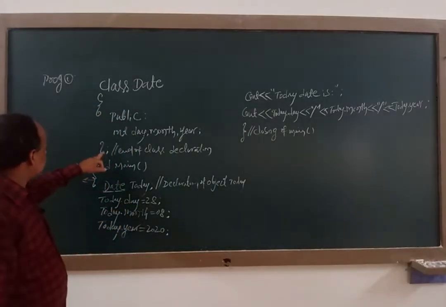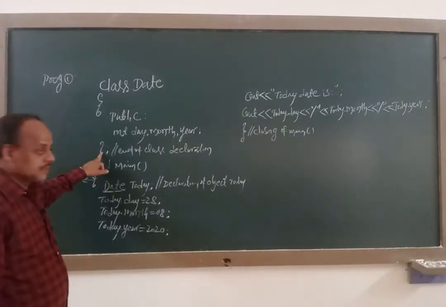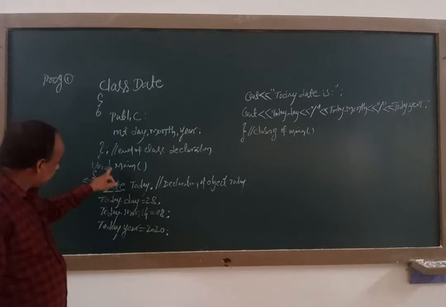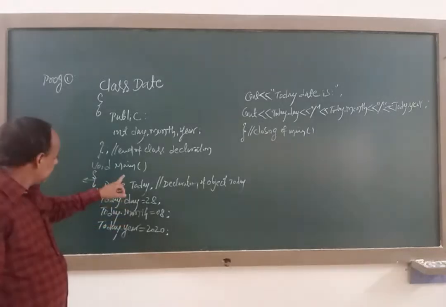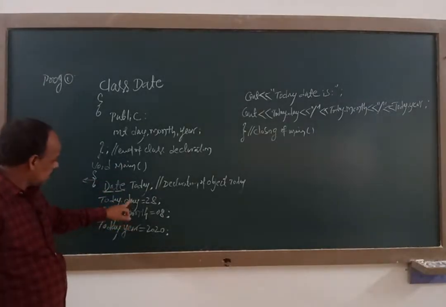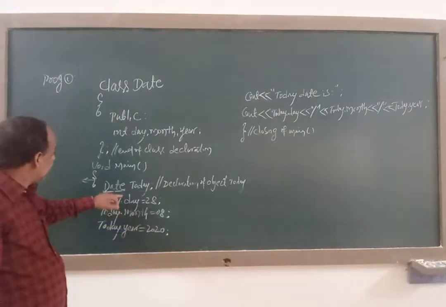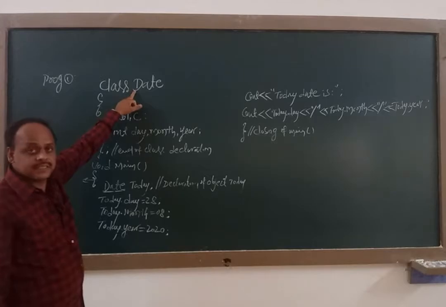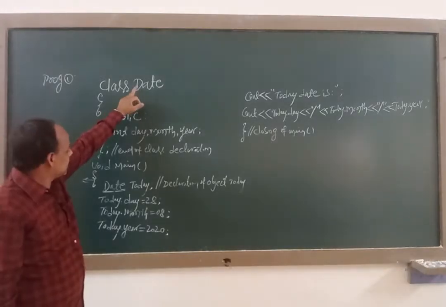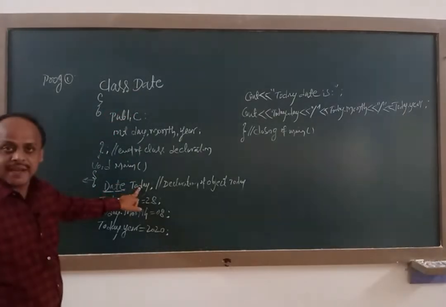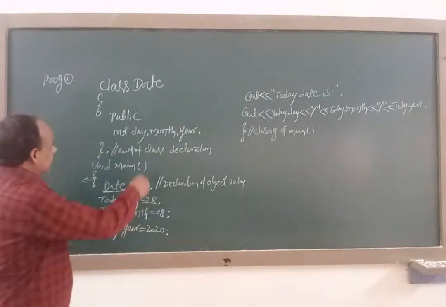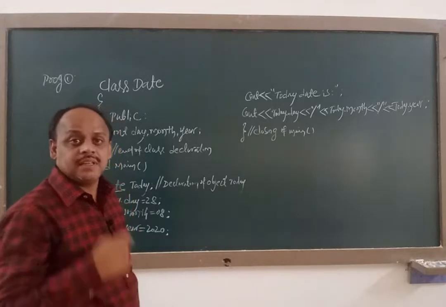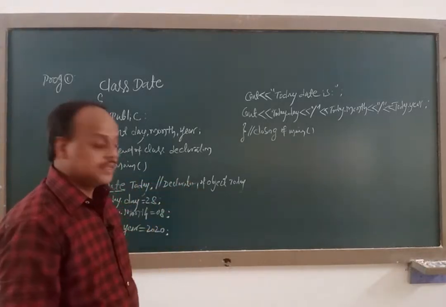This class is closed here. We are writing these data members in the main function, but they are not declared in the main function. They are declared in the class, the date class, and this date class has the object today. So the data members of any class can be accessed with that class's objects.